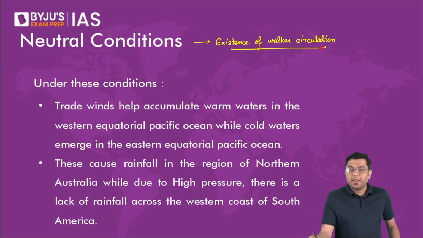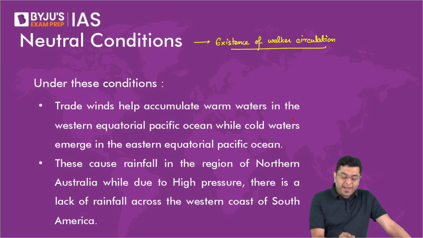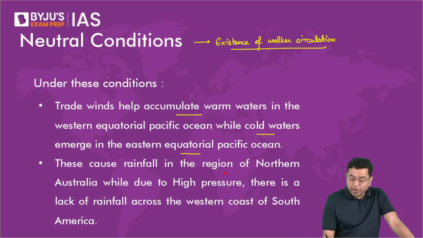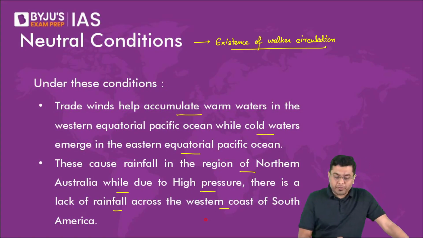So here, under normal conditions, trade winds help accumulate warm waters in the western equatorial Pacific Ocean, that is in the region of the western Pacific, the Australian coastline, while cold waters emerge in the eastern equatorial Pacific Ocean, that is the Peruvian coastline. These cause rainfall in the region of North Australia, while due to high pressure, there's a lack of rainfall across the western coast of South America or the Peruvian coastline.